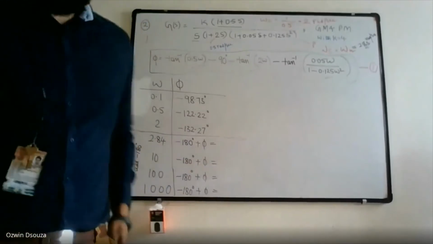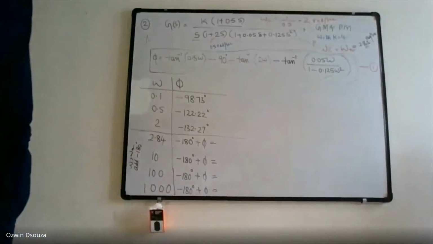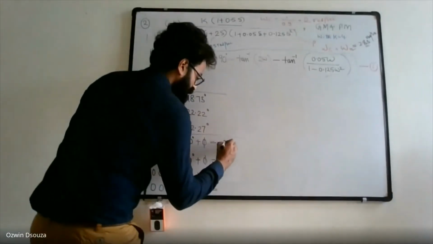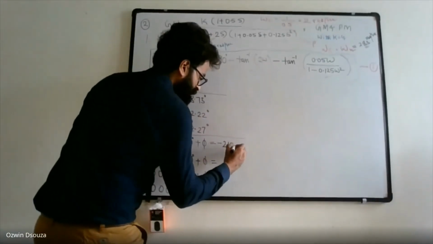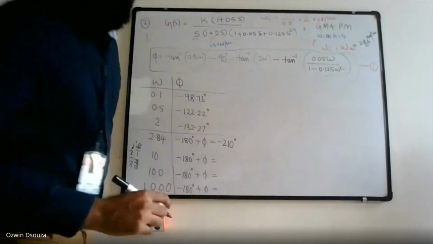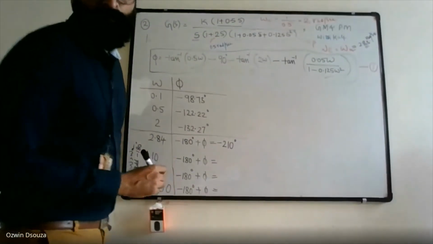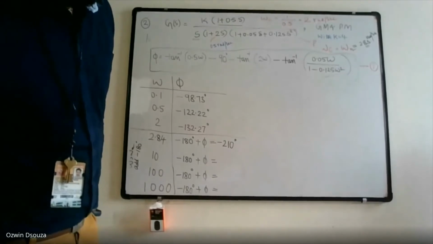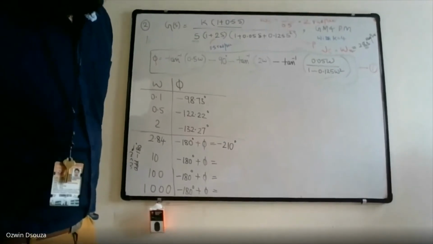Okay, so at 2.84 you will get close to minus 210 degree, and then minus 270.